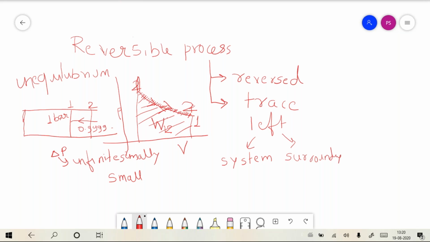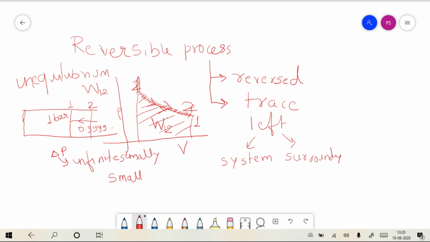That means that you need to move from 1 to 2 extremely slowly. And let us say that in this phenomenon there is no friction, then while you move quasi-statically from 1 to 2 without any friction, you would get a certain work W1 to 2.